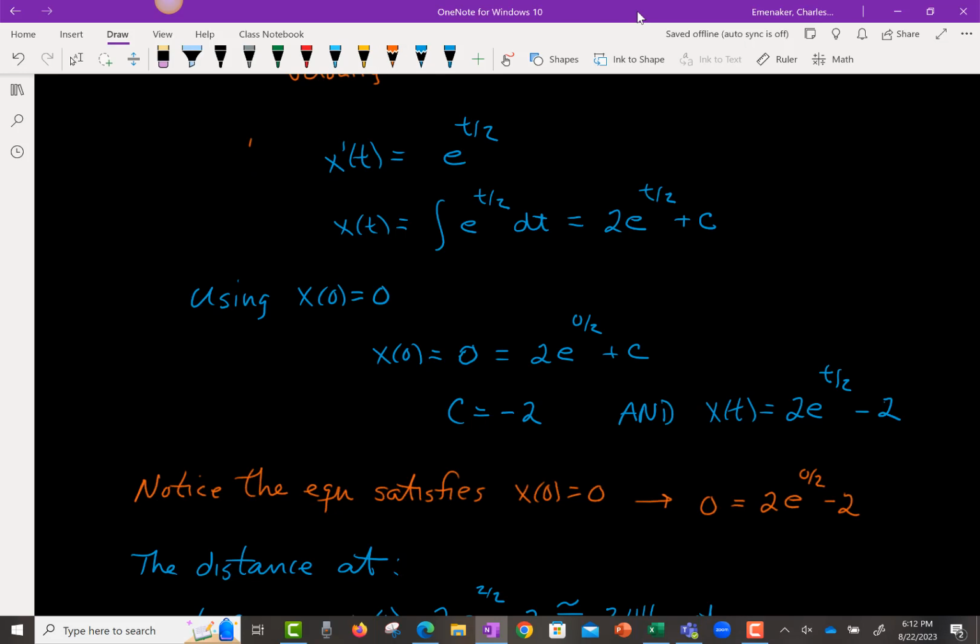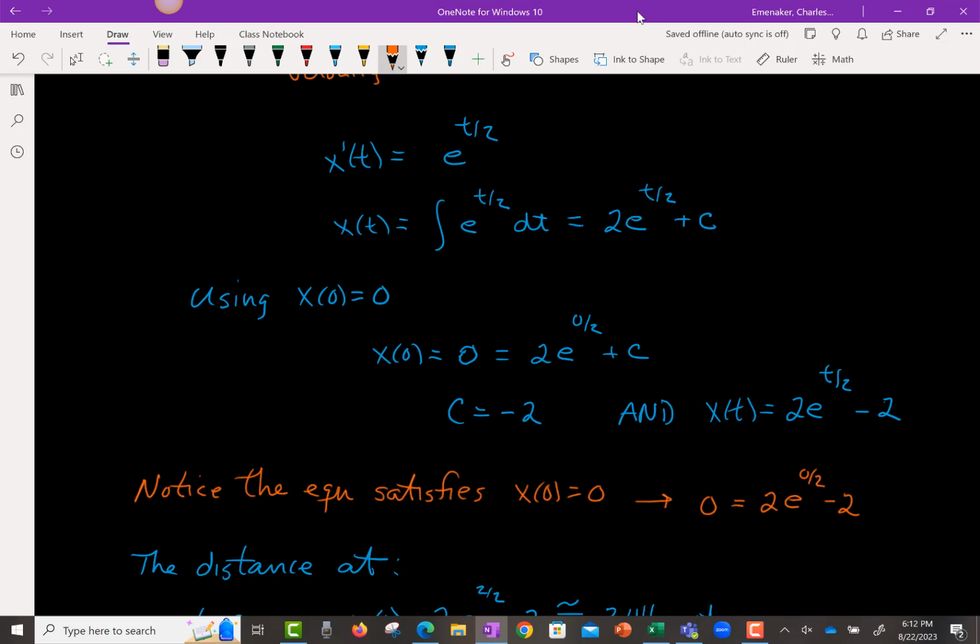So when I apply my antiderivative to each side, after I've multiplied both sides by the dt, because remember this is dx over dt, I can multiply both sides by my dt, which is how the dt ends up over here. Applying the antiderivative, the integral e raised to the t over 2 dt becomes 2 e to the t over 2 plus c.